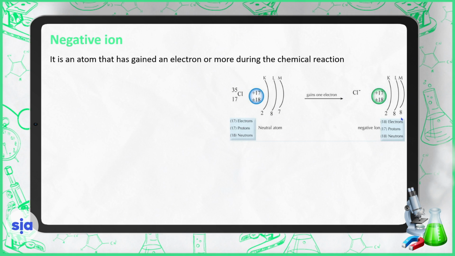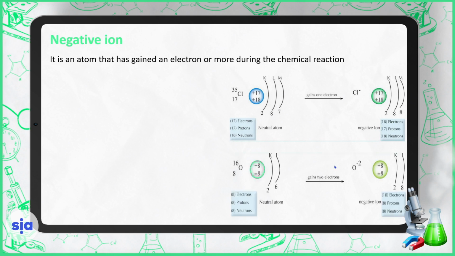Why negative ion? Because the number of electrons will be more than the number of protons, or the positive protons inside the nucleus. 17 protons, 18 electrons. So it's a negative ion because electrons carry negative charge. Oxygen, this is the second example.